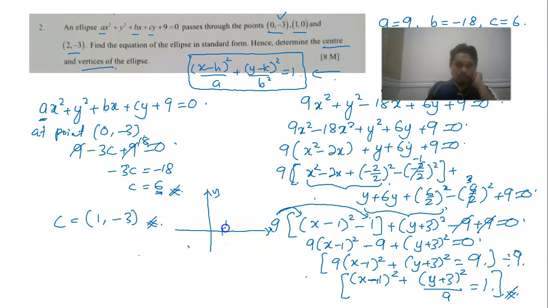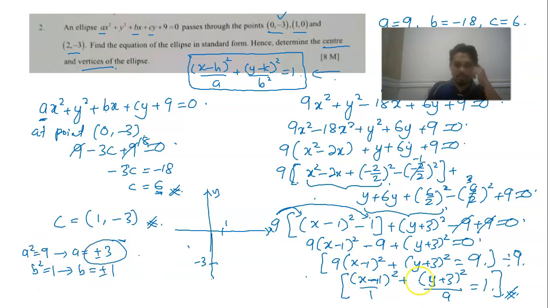Now this is 1 and this is 9. Consider this as A, where A squared equal to 9. So then A equal to plus minus 3 and B squared equal to 1. So then B equal to plus minus 1. So this is the measure.